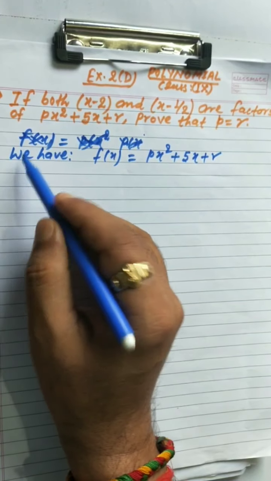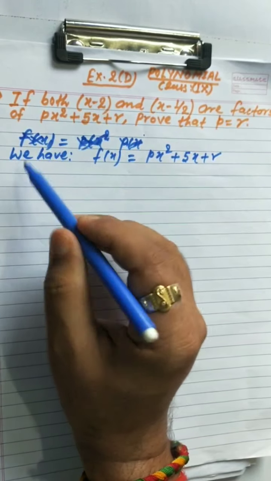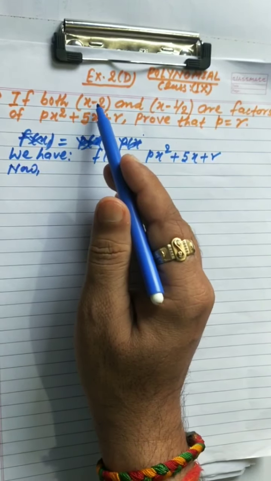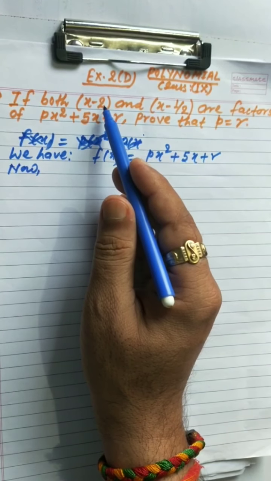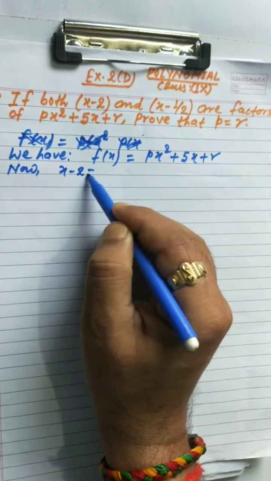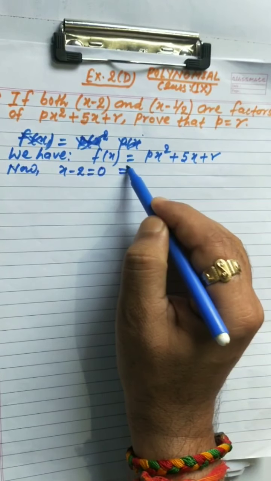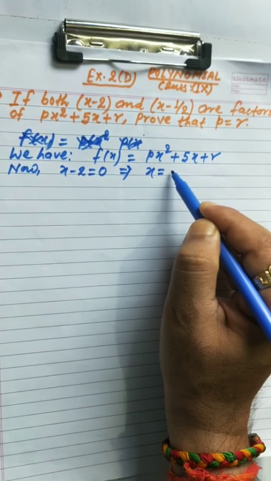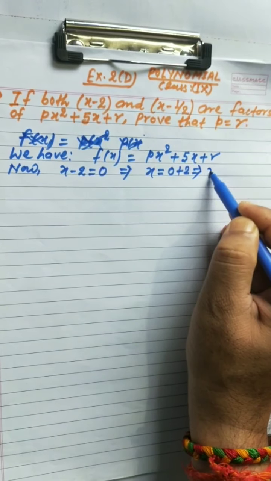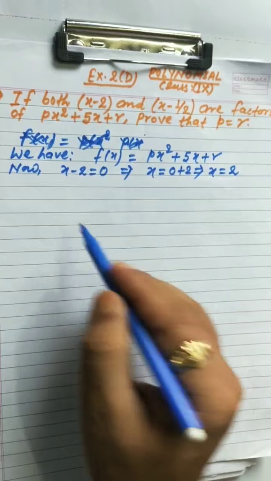Now the first factor is x minus 2. So let us find the value of x from this factor. x minus 2 will be equal to 0. Then we have got the value of x, which is 0 plus 2. This implies that x is equal to 2.